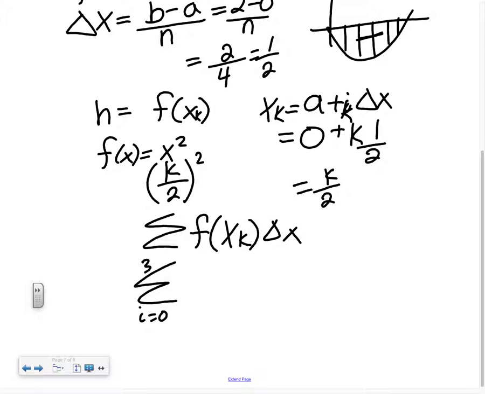You see that gives me 4 rectangles: 0, 1, 2, 3, or from 1 to 4, they didn't specify. f of xk is this. Make that k, I'm sorry. So it'd be k over 2 squared times delta x, which we decided was 1/2. And that would be the Riemann sum. Oh, one more thing. We're going for rectangles. So that would be the Riemann sum to represent that rectangle.